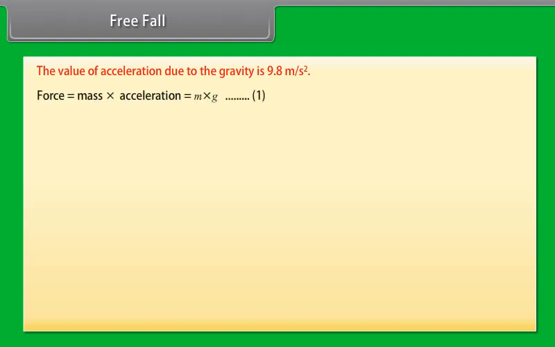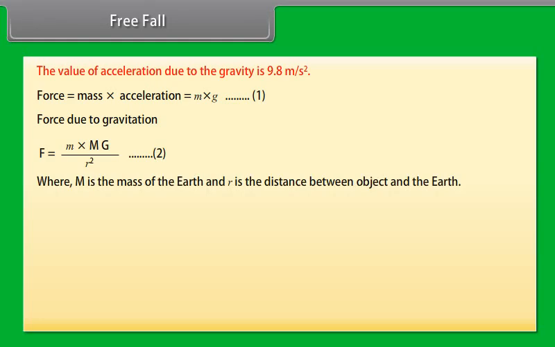Force is equal to mass into acceleration, which is equal to m into g, equation 1. Force due to gravitation, F is equal to m into M g upon r square, equation 2, where M is the mass of the earth and r is the distance between the object and the earth.